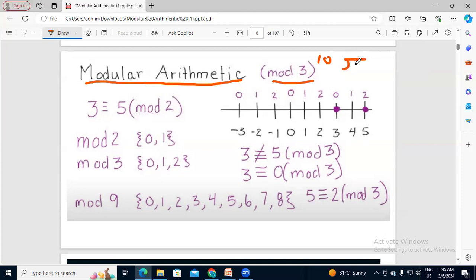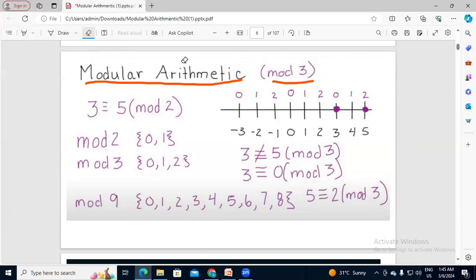It means you need to divide 10 by 3, and whatever remainder you have will be the modulus result. So 10 mod 3, the result will be 2, right?